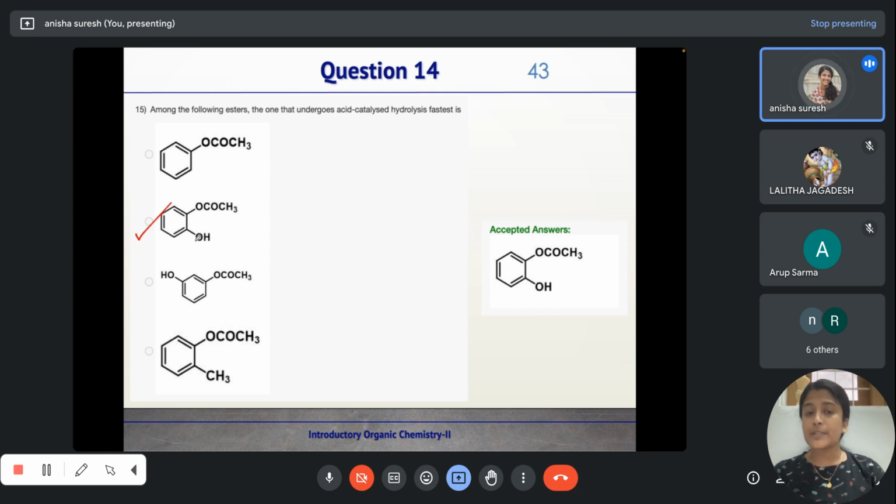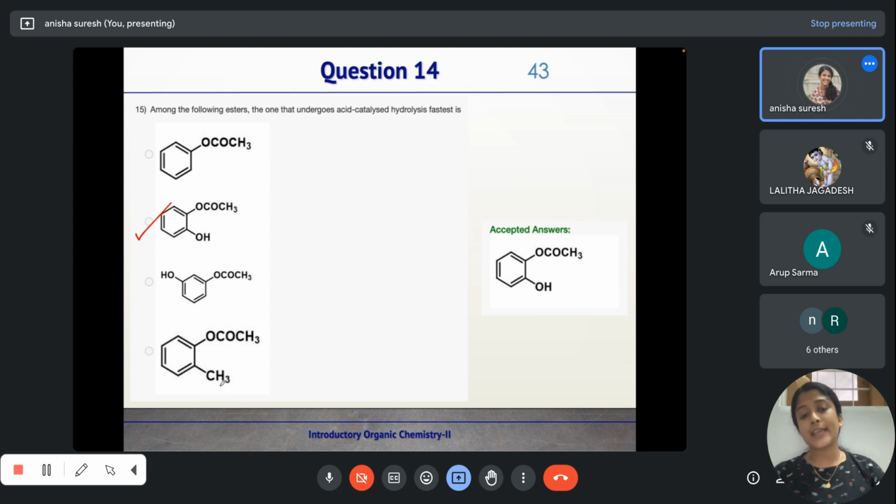If a hydroxyl group is present at the ortho position of the phenol, it will be more electron withdrawing compared to that in the meta position, right? If hydroxyl is present on this phenyl group, its electron withdrawing ability will increase. So the carbonyl carbon will become more electrophilic.